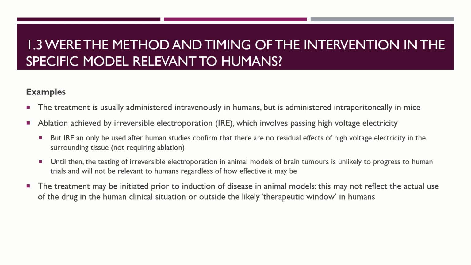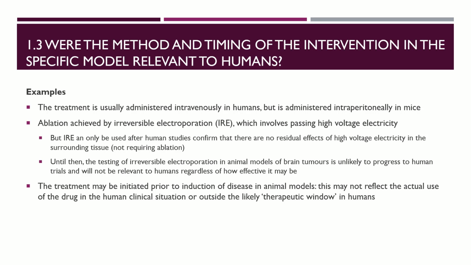Here, it's simply not possible in humans until further studies in humans in other areas confirm what the residual effects of high voltage electricity on the surrounding tissue are. Another example is that the treatment may be initiated prior to induction of disease in animal models, which does not reflect the actual use of the drug in the human clinical situation.